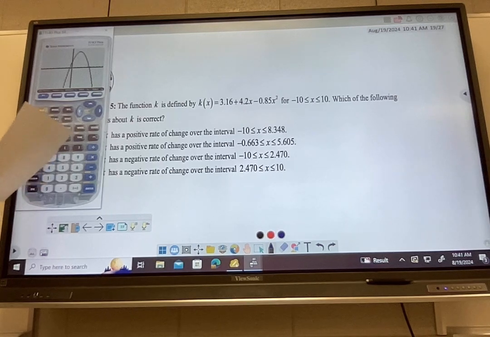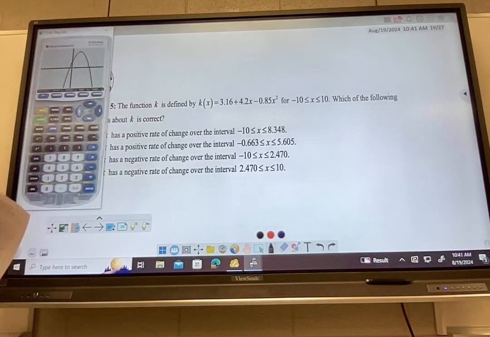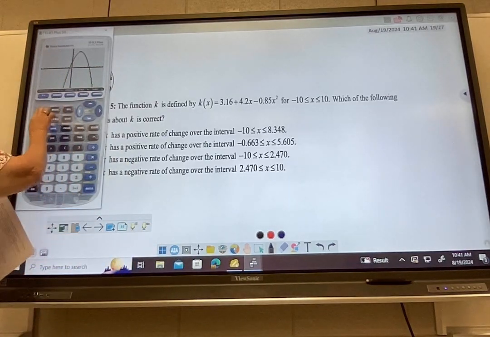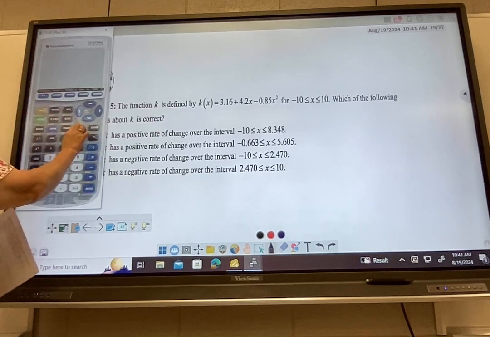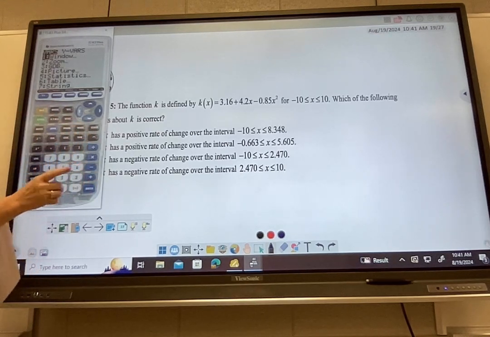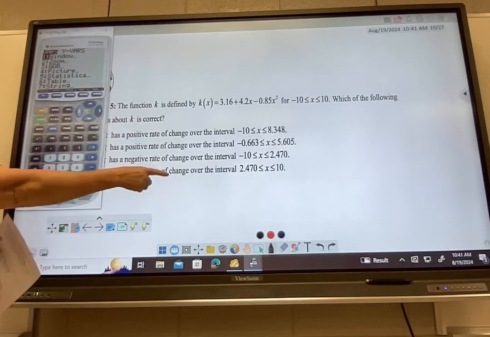Now, what I want to do is find the rate of change over the interval from -10 to 8.348. So I'm going to go second quit to come out of this, and then I'm going to go vars. And remember, this is on your notes. The steps are on the next slide.